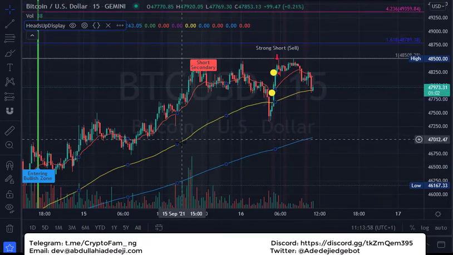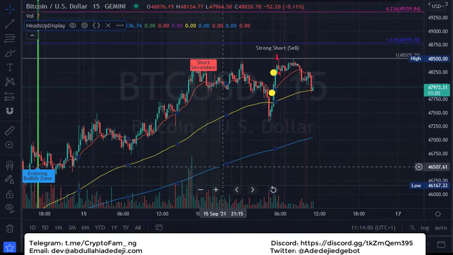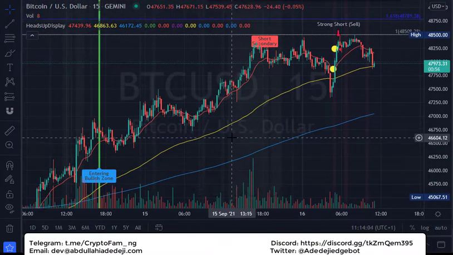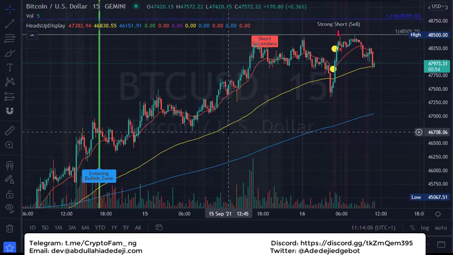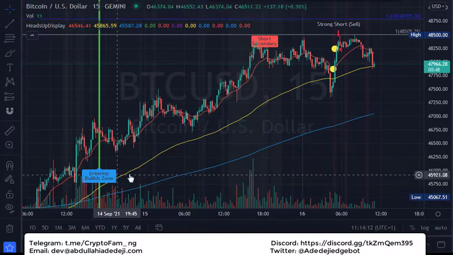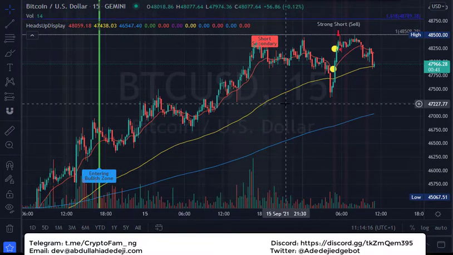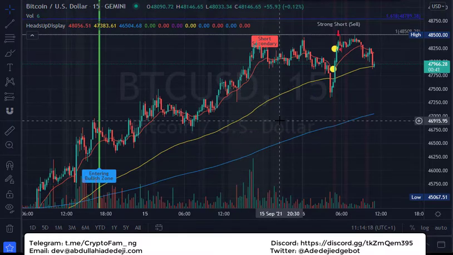Red is very fast, yellow is fast, and blue is slow. We all know EMAs can be used as support and resistance, and then the direction in which they tend can give us an idea if there's a trend, upward trend or downward trend. So they're all sloping up: red above yellow, yellow above blue, then that's an uptrend.